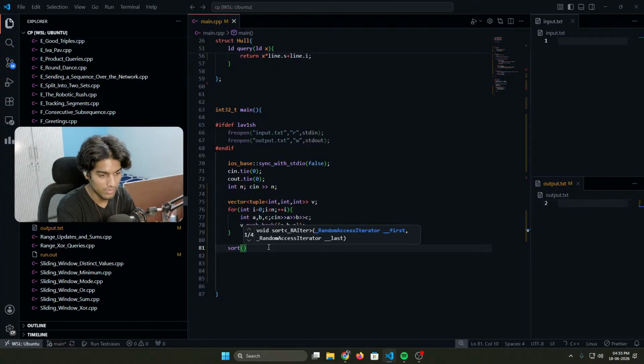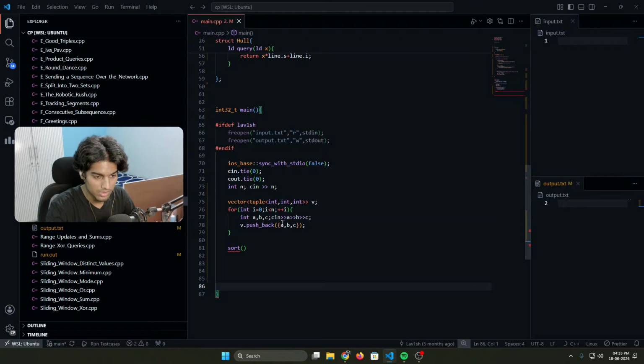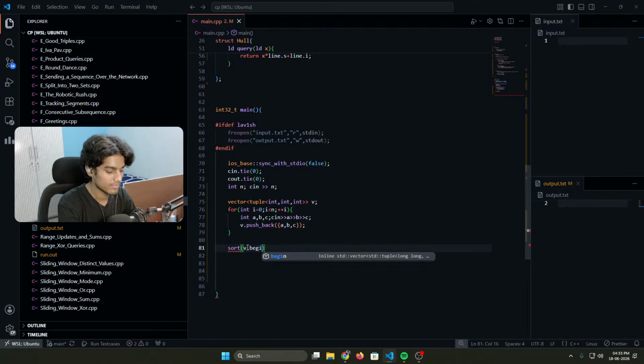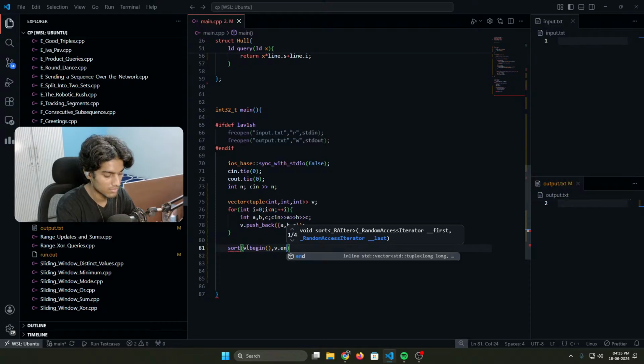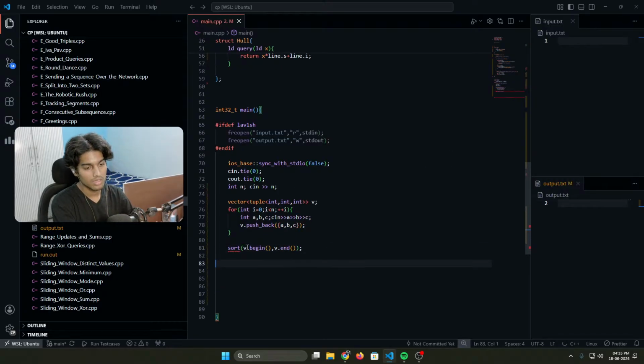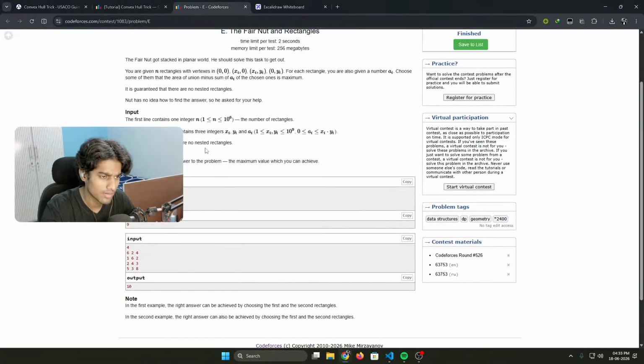Let's quickly sort this one out with X. So this is X, right? Now let's talk about the optimal answer.